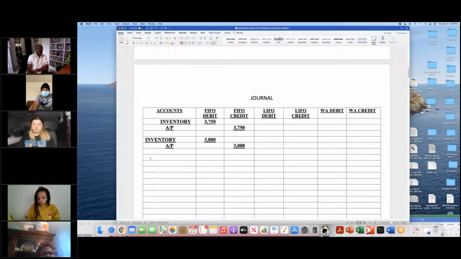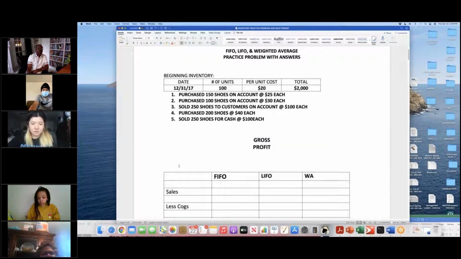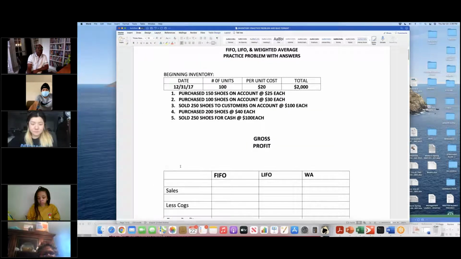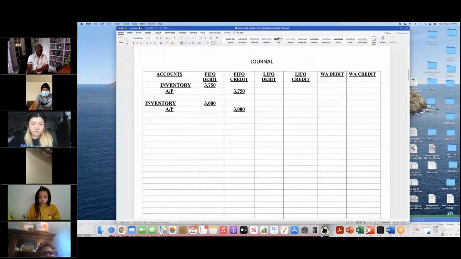So if we sell 250 pairs of shoes at 100, we'll just debit cash, credit sales. 25,000. 25,000.